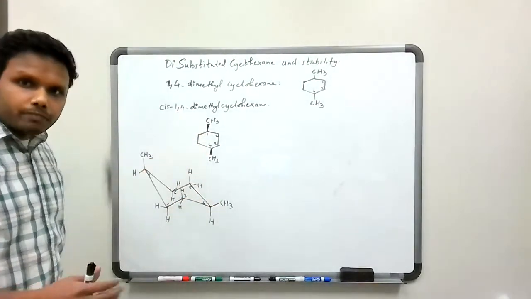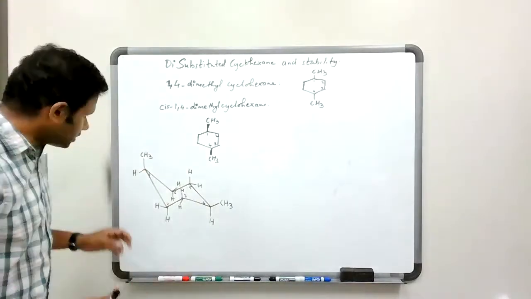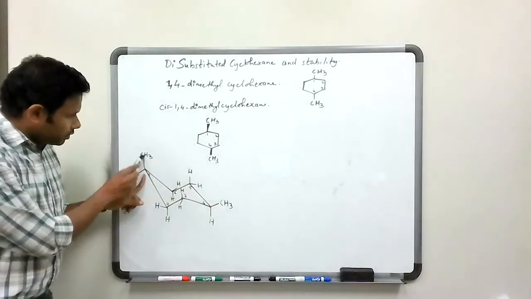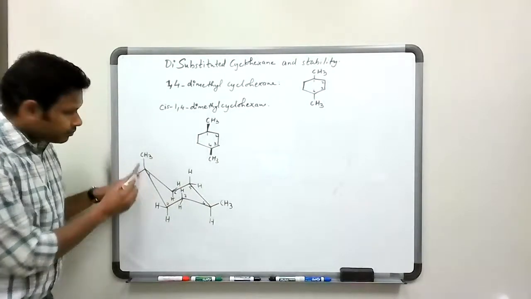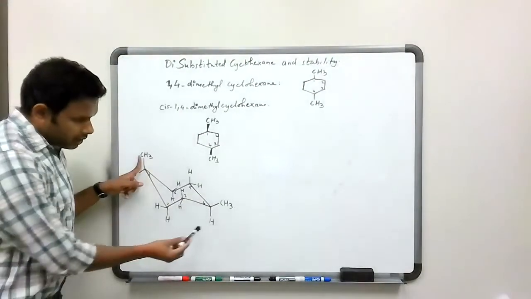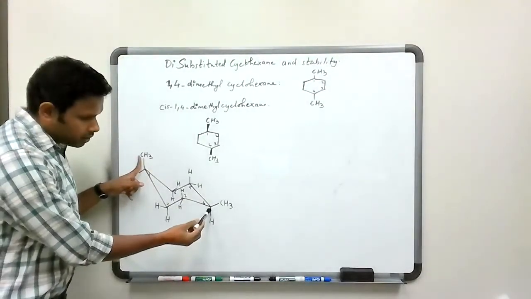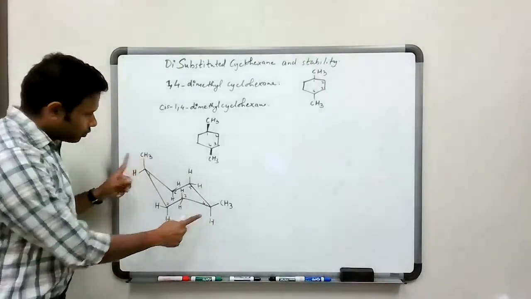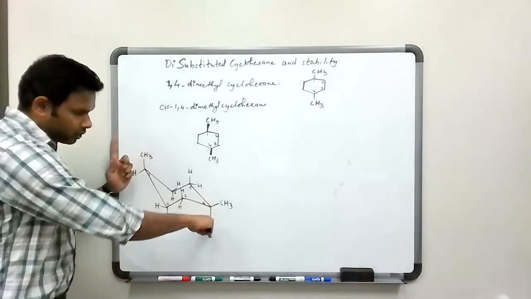So when I've put them like that, these two methyl groups are now cis to each other, and I've drawn basically this molecule. Now, the other way to verify this is, if I pay attention to carbon number 1, the methyl group is pointing up, okay? It's in an axial position pointing up, and the hydrogen on carbon number 4 is pointing down. It's in the axial position. So one is pointing up, the other one is pointing down.